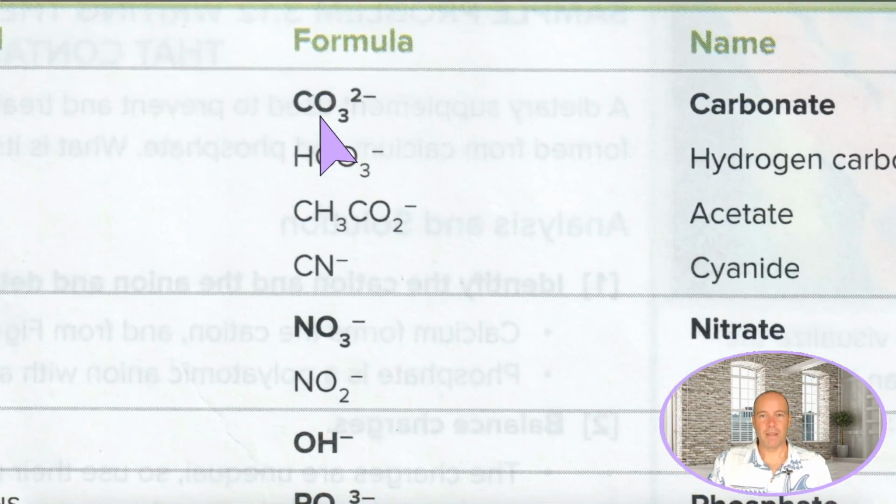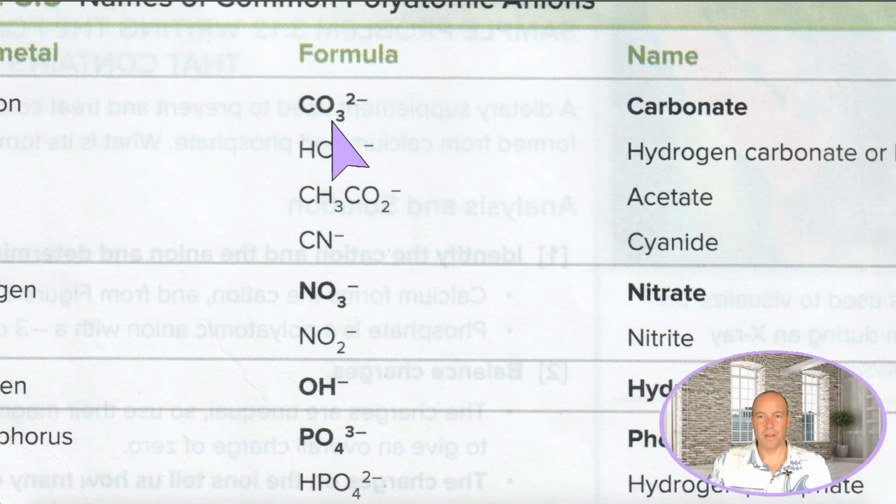There are some polyatomic ions that are listed here, and maybe you've heard of carbonate, potassium carbonate. The ionic compound has the carbonate polyatomic ion. So this carbon and 3 oxygens collectively carry a -2 charge. So there are 2 extra electrons associated with this molecule, and you can ask, well, which one of these atoms gets those 2 electrons?